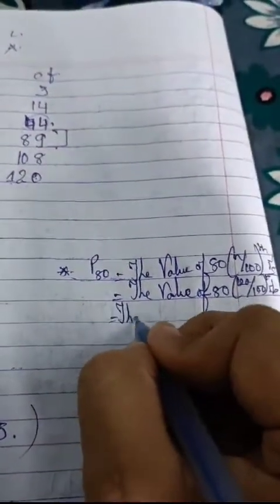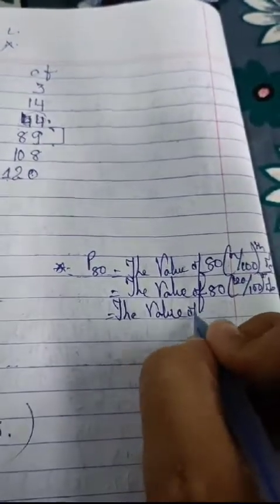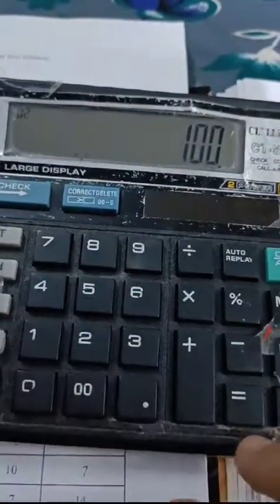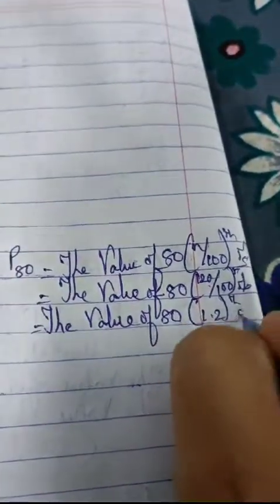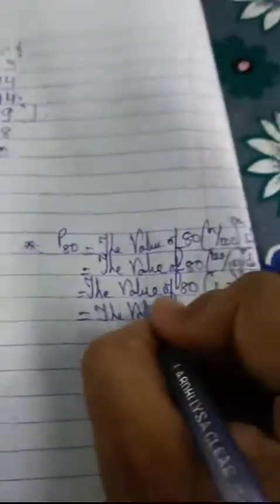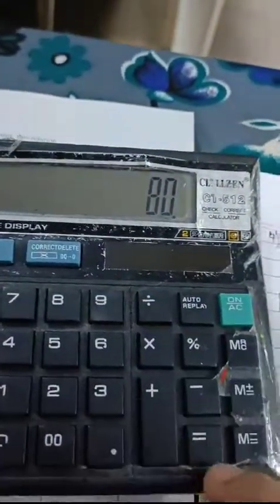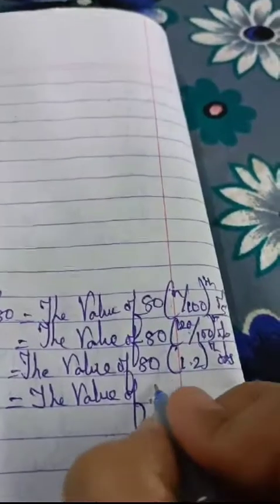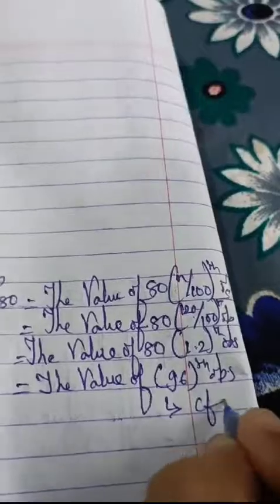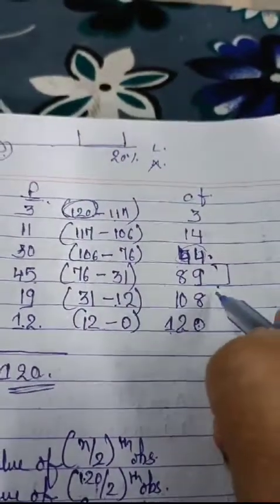So here the value of 80 into 120 divided by 100, so that will be 1.2 observation, multiplying them with 80. So the value of 1.2 multiplied by 80 is coming to what? 96. This 96 we are going to look up in the CF. So 96 lies in 108.